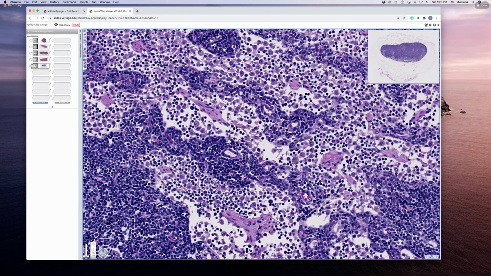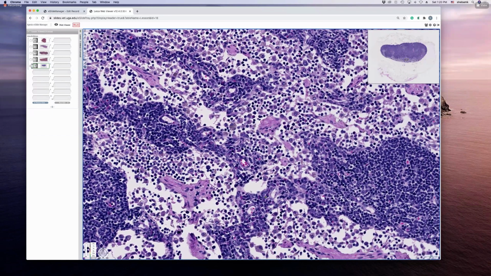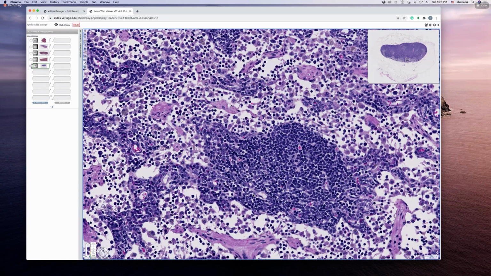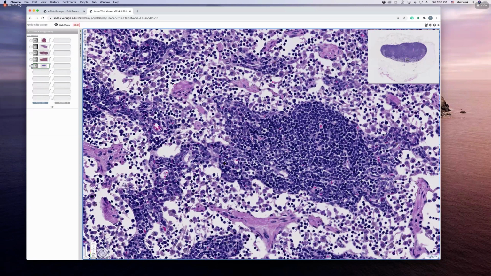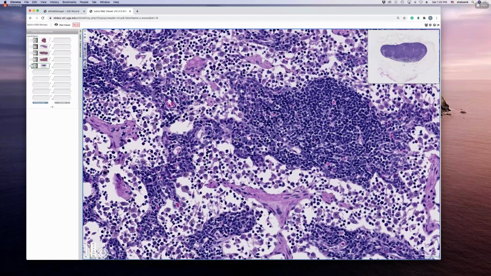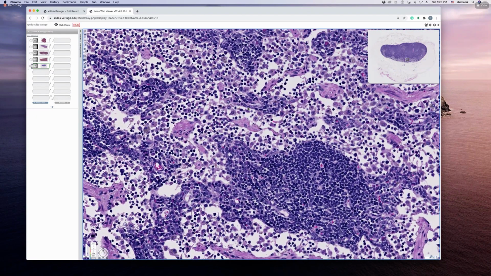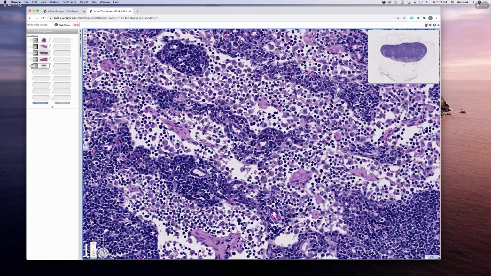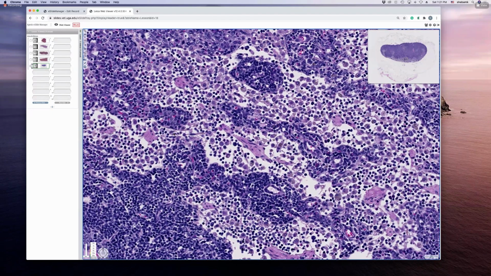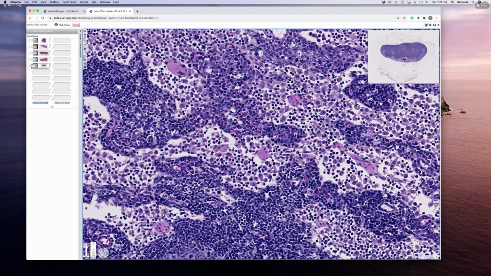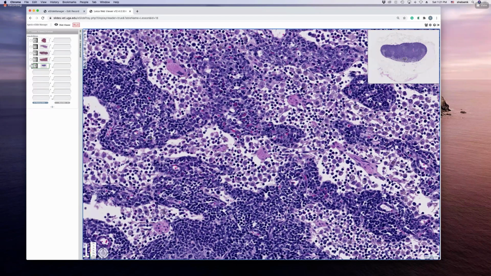the stromal network. You can also see some cells that have a marginated chromatin, okay? These are big cells that have a nucleus that has a cartwheel kind of appearance. See, like these big purple cells, those guys are not like round, tight looking lymphocytes.